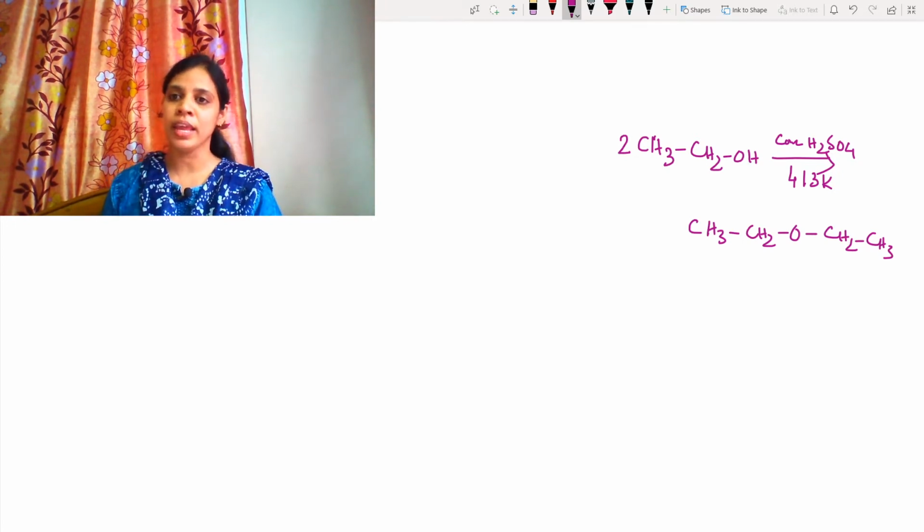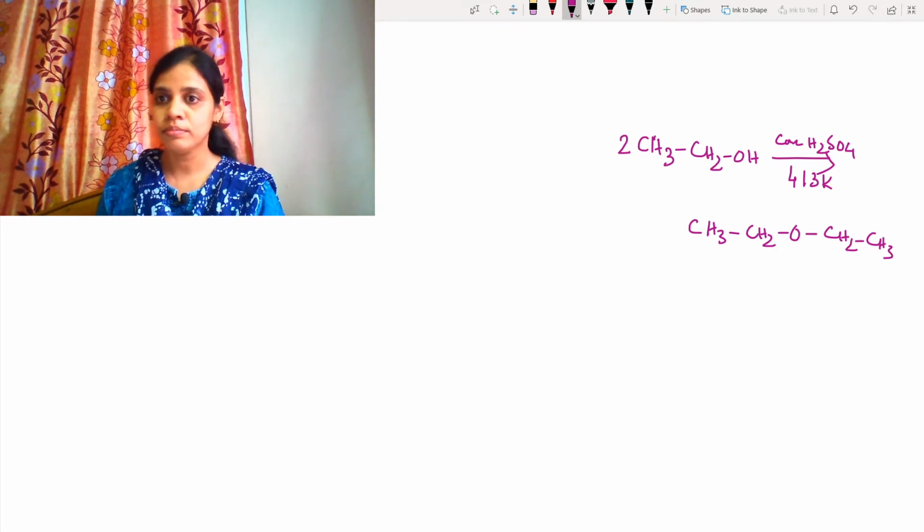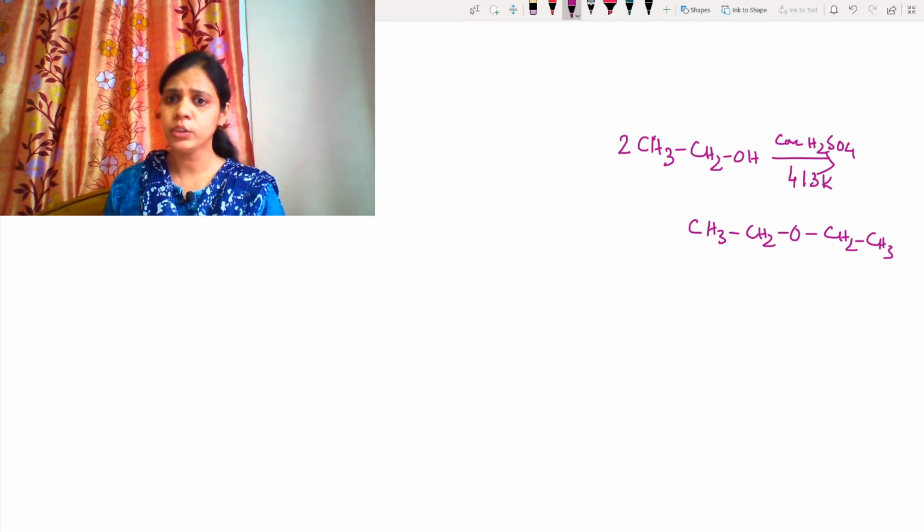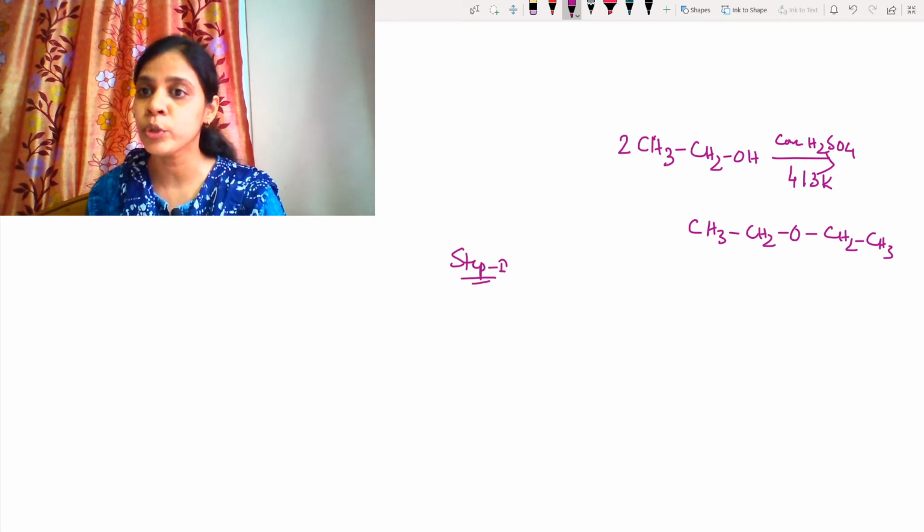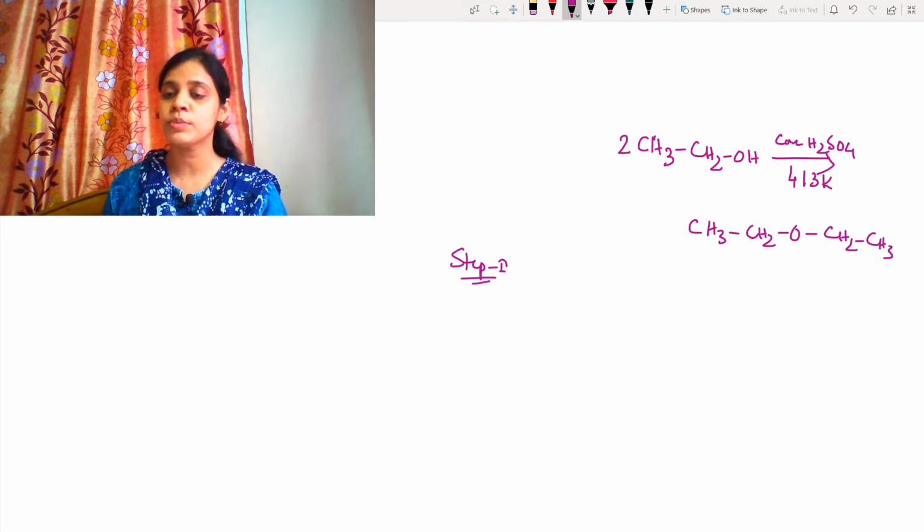Now I will explain the mechanism, that means how you can prepare this ether. There are 3 steps in this mechanism. In step 1, first one alcohol molecule is protonated by taking a proton from this H2SO4.